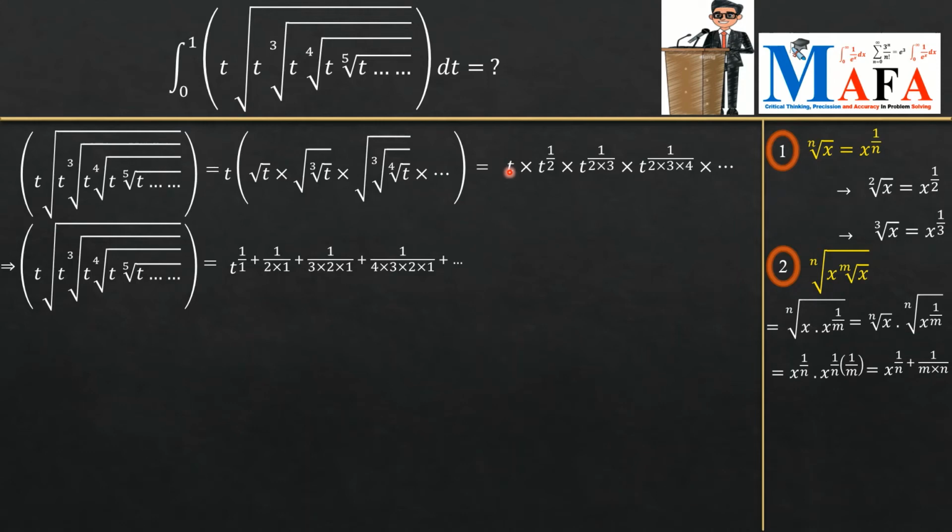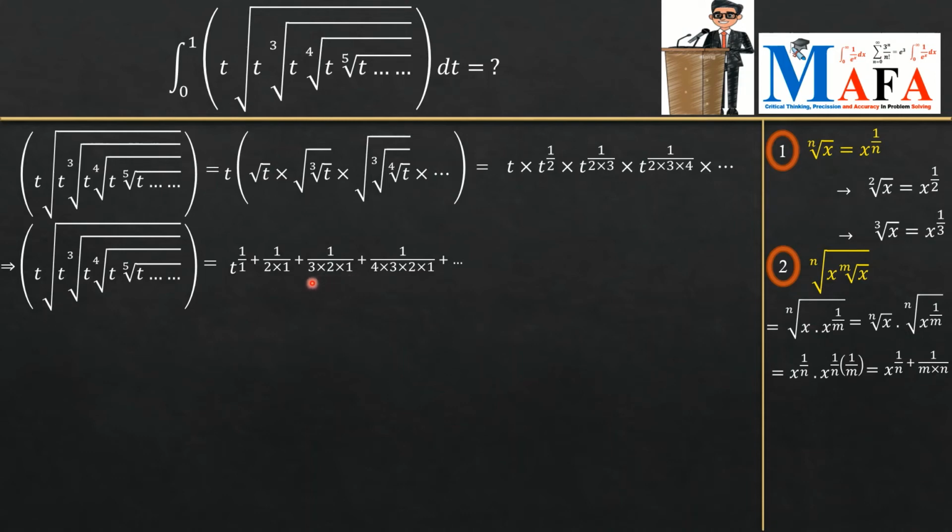for better understanding, I will write t as t raised to the power 1 divided by 1, so that we can see the trend happening here and easily identify what the sum is going to yield. The first power of t is 1, the second power is 1 over 2, the third power is 1 over 2 times 3, and we can still write times 1.